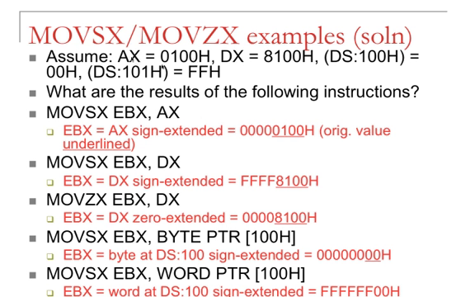The most significant bit of AX is its sign bit, which is a 0, and we're going to extend that sign into the upper half of EBX. The most important thing is to first figure out the sign bit of the source operand, whether it's 0 or 1.